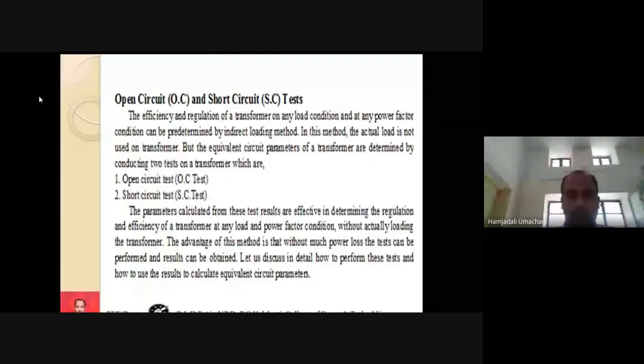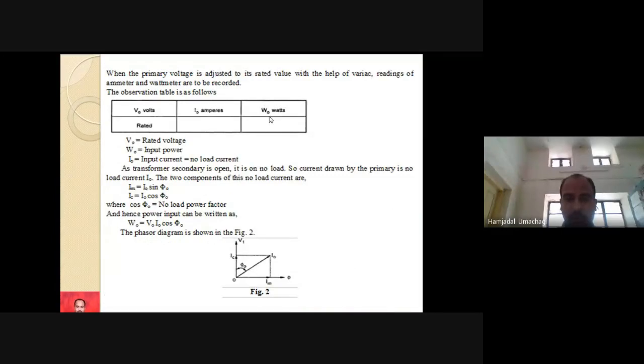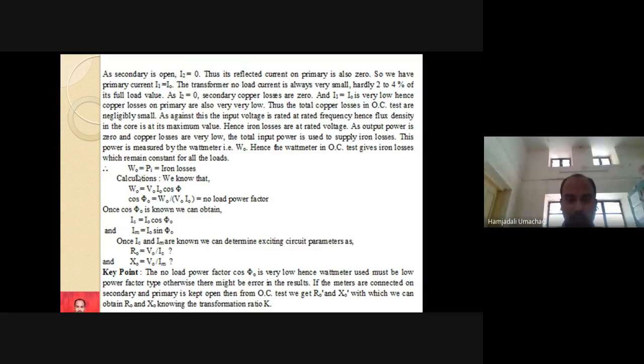Coming back to whatever we have discussed, that is the open circuit test. Starting from the open circuit procedure, the circuit diagram, the procedure, what parameters you are going to estimate, draw the tabular column, phasor diagram, all these values, then estimate W0, IC, IM, R0, X0. What is that?